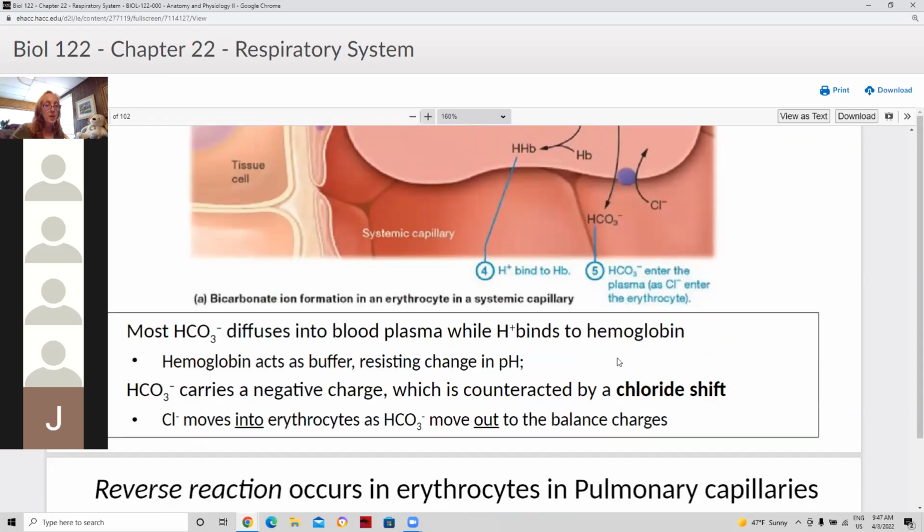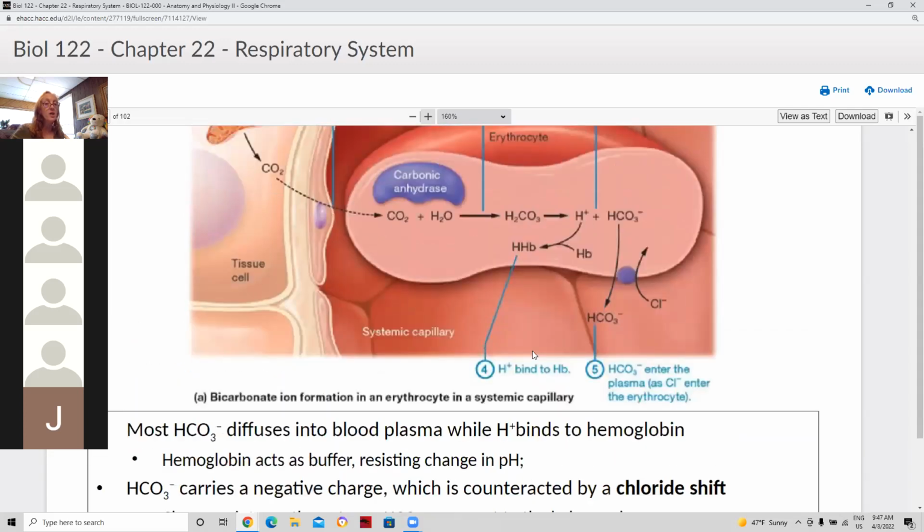Most bicarbonate is going to diffuse into the plasma while hydrogen binds to hemoglobin. The hemoglobin acts as a buffer because pH is only a measure of the free hydrogen ions.